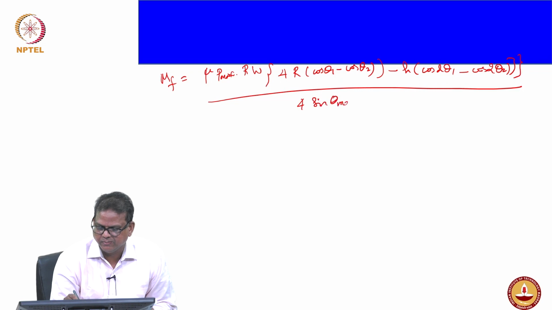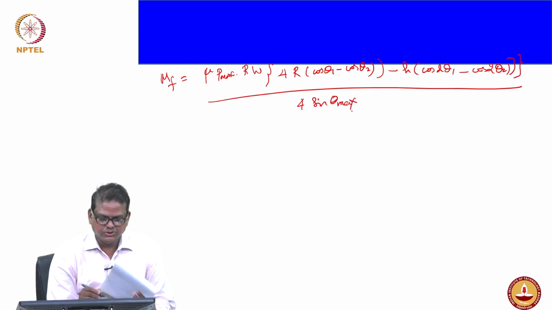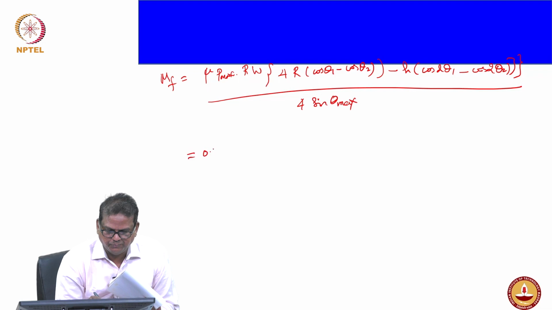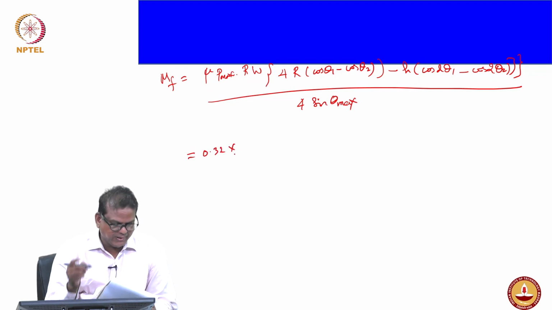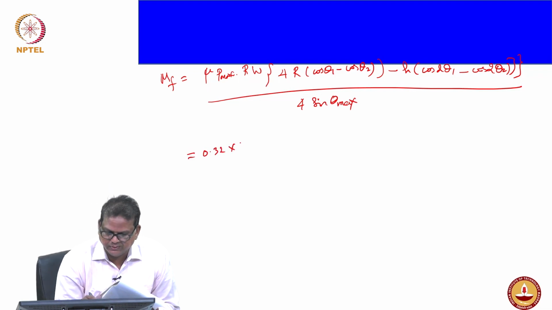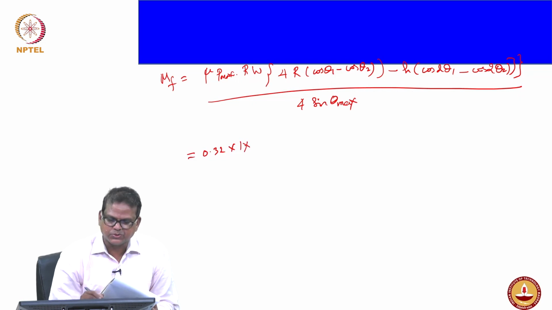This is what is given. So we know mu equal to 0.32, and the maximum pressure we have taken as 1 Newton per millimeter square.